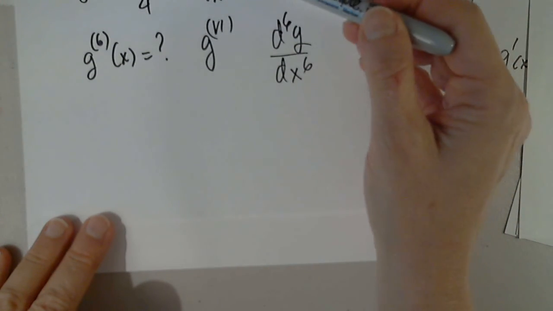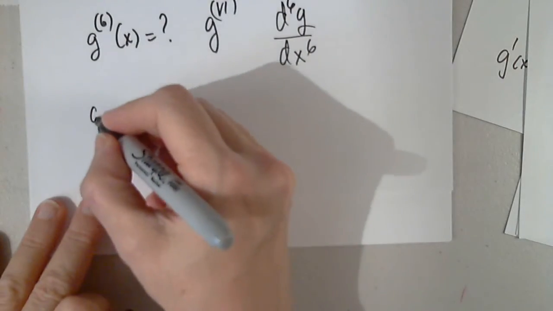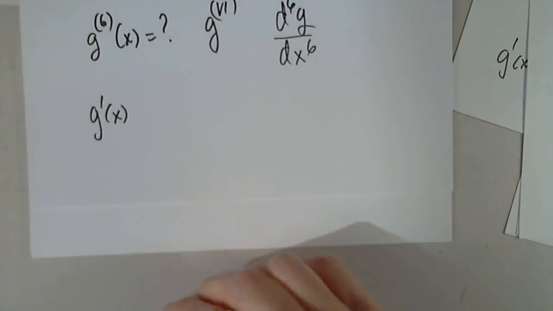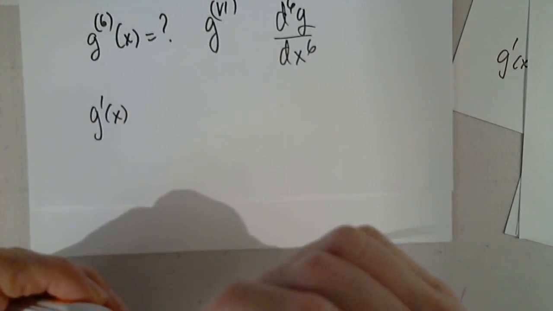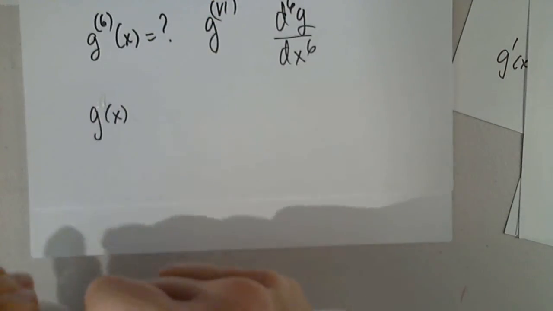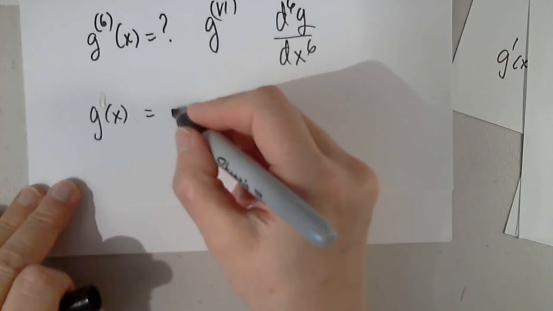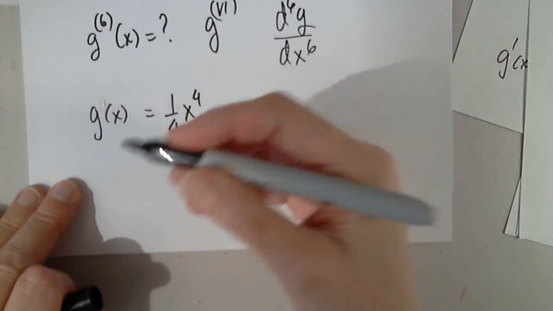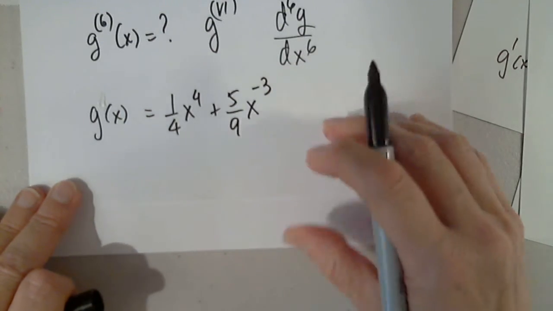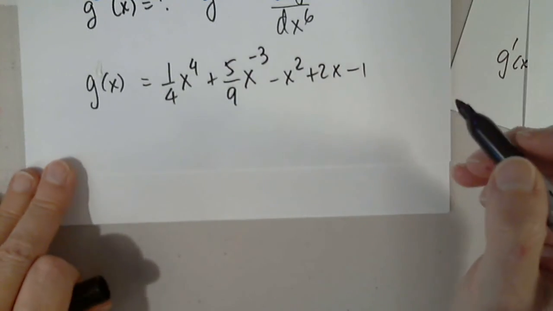Right, but be careful with this one. So allow me to show this problem. First I would like to rearrange the function. And then I will start g prime. So this one is obviously 1/4 x to the 4th. But this is 5 over 9 x to negative 3. And this is minus x squared plus 2x minus 1.